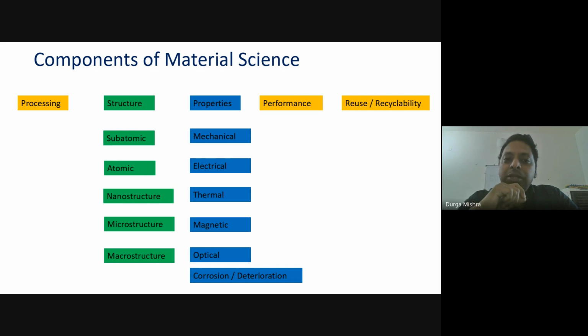And why is structure important? Because the structure at each level will decide what the properties of the material are. Okay, so the property is the third component here, and property is what we are always interested in. So this is like mechanical property or electrical property or thermal or magnetic, optical, and even, let's say, how the material degrades or deteriorates or corrodes over a period of time.